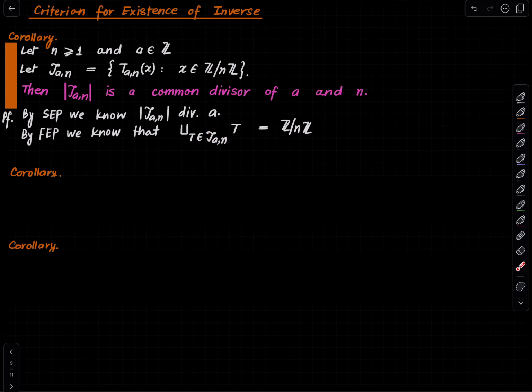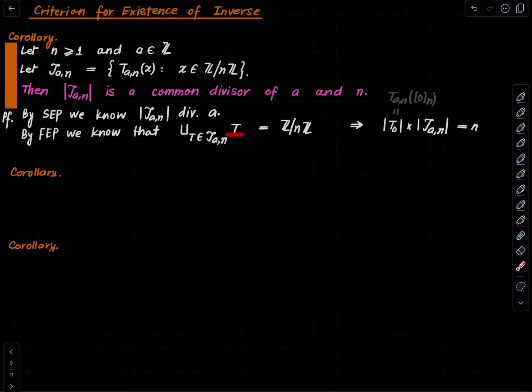But the first equipartition property also says that any two t's here have the same size. So that implies that the size of any trajectory, I'll just write t naught, times the number of trajectories, is equal to n. So t naught denotes, okay, I'll write it. T naught is nothing but the trajectory of 0, or the remainder class of 0.